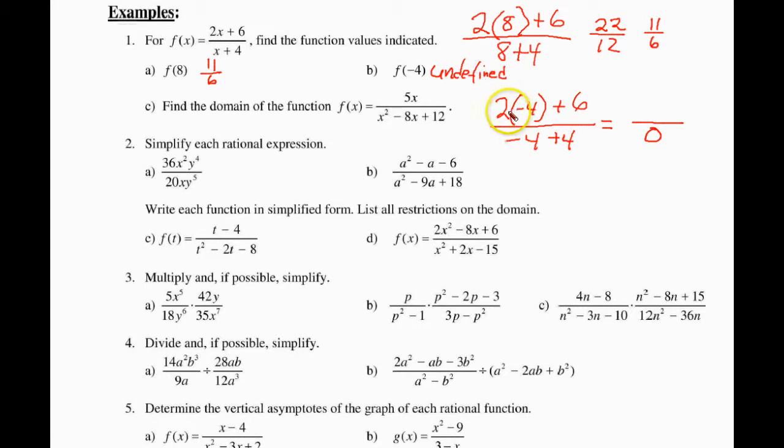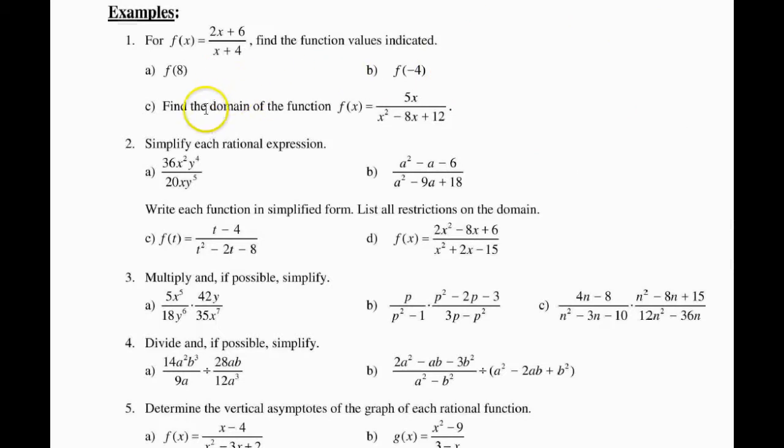We could do the top. That's going to be -8 plus 6, which is -2. But again, once you get the 0 in the denominator, this value is undefined.